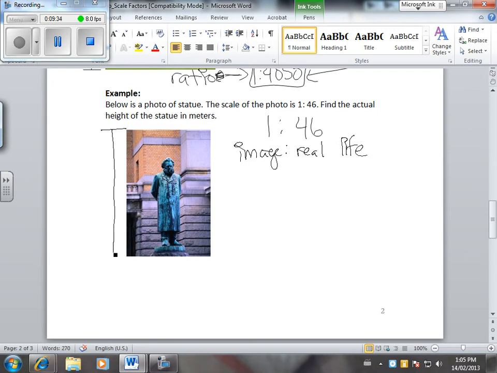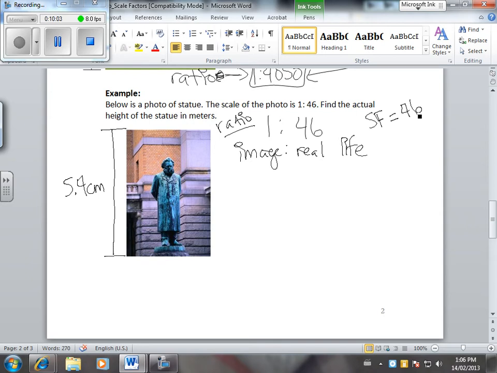Measure how high this is. And I got 5.4 centimeters. Okay, and remember that this is our ratio, and our scale factor would equal 46.